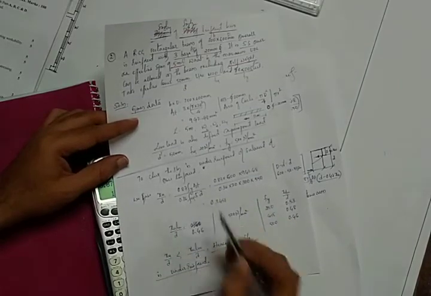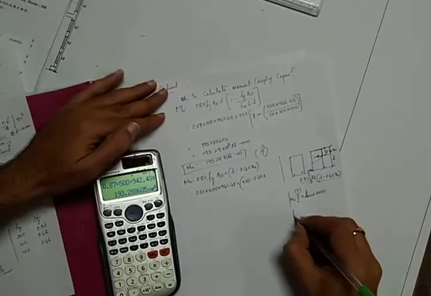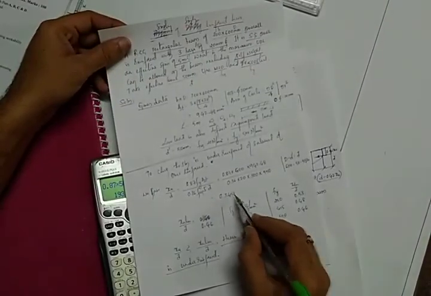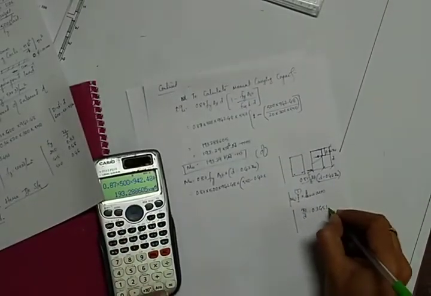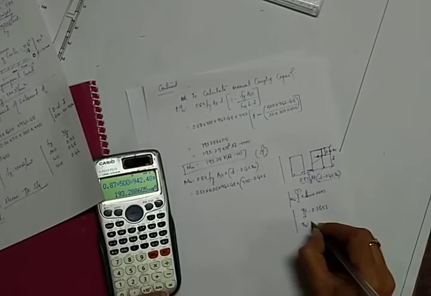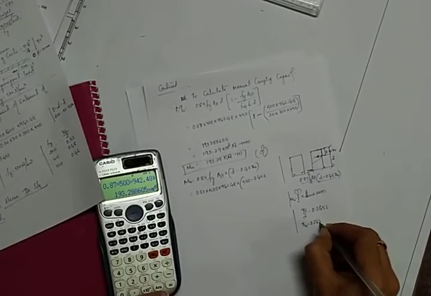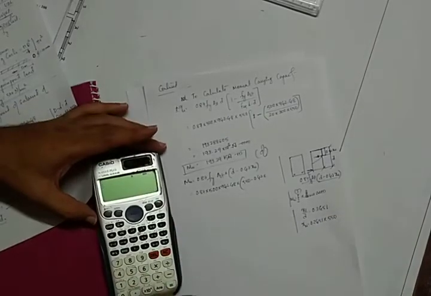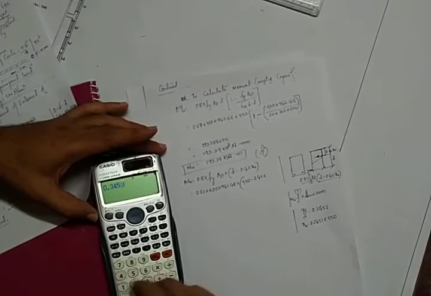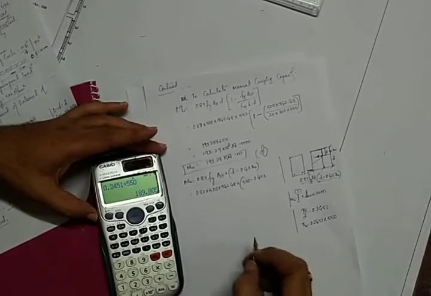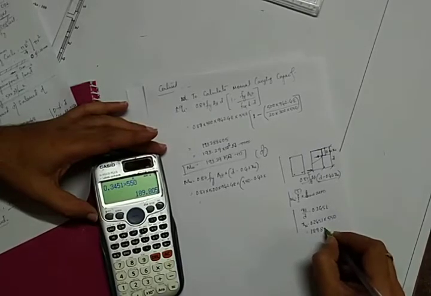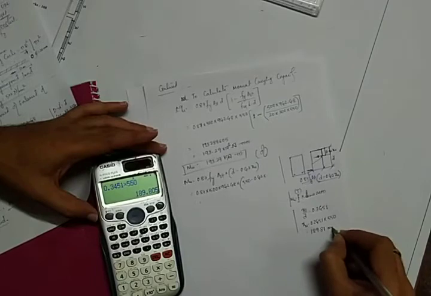Xu by d is known, so I will take this value to calculate. Xu by d is equal to 0.3451, you can see from this page. So therefore xu is equal to 0.3451 into d, which is 550. Type the value, 0.3451 into 550. So you will get a value, 189.81 mm.